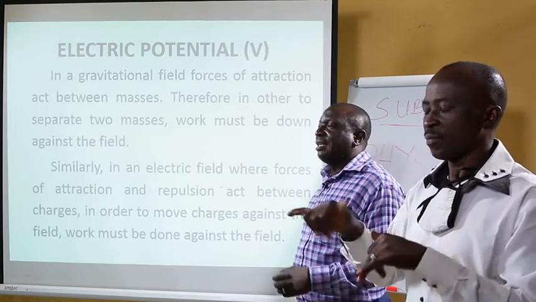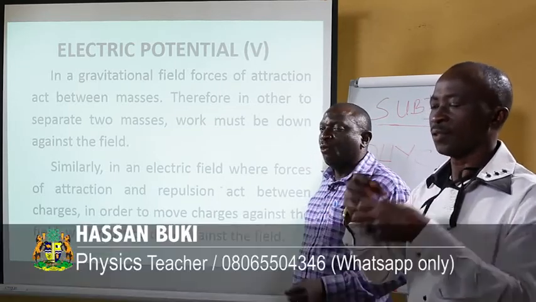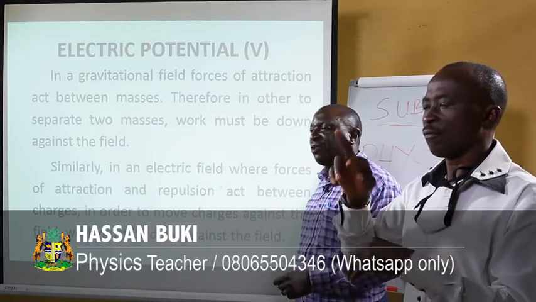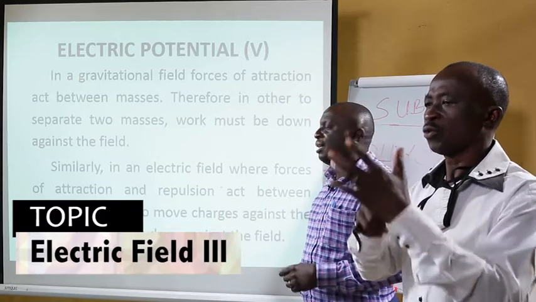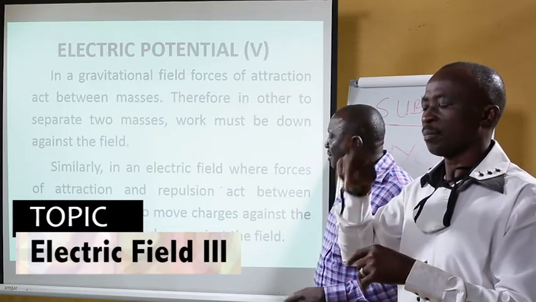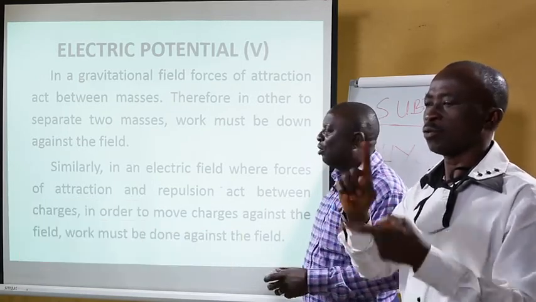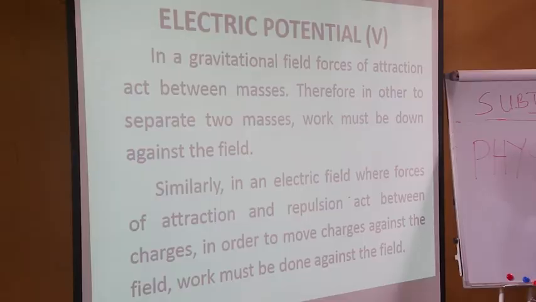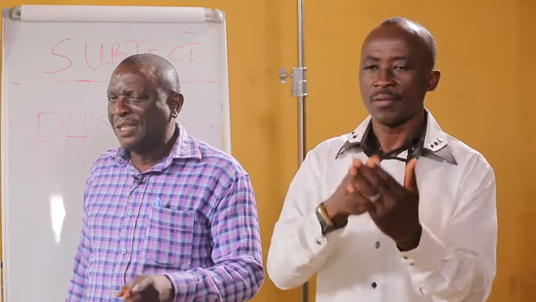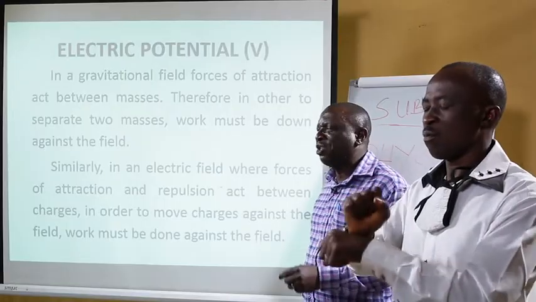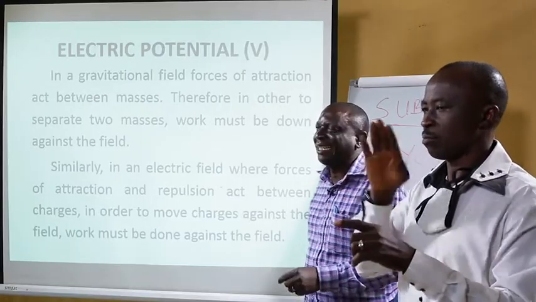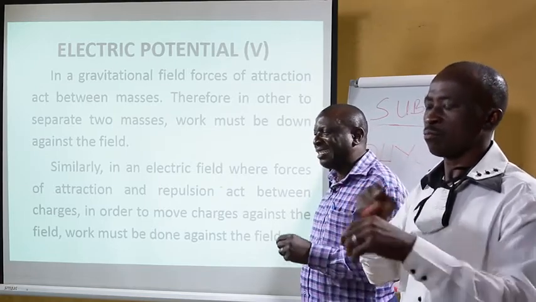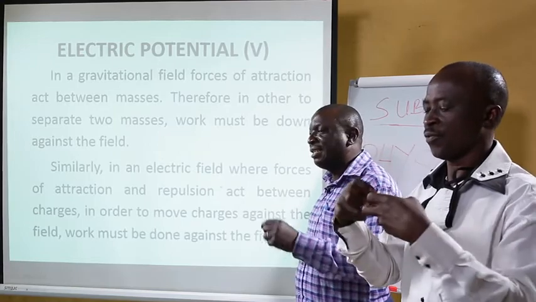Similarly, in electric field, we have forces of repulsion and forces of attraction. And therefore, to move charges in the field against the field, work must be done by an external agent.